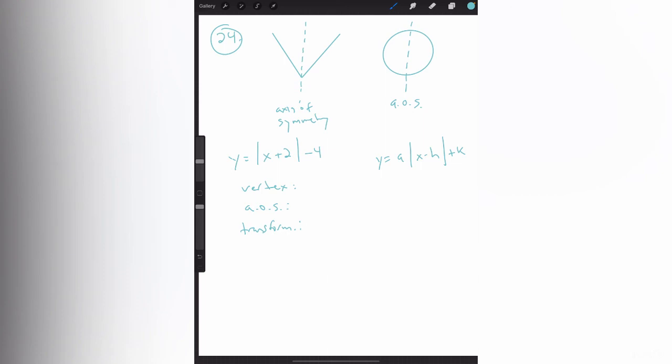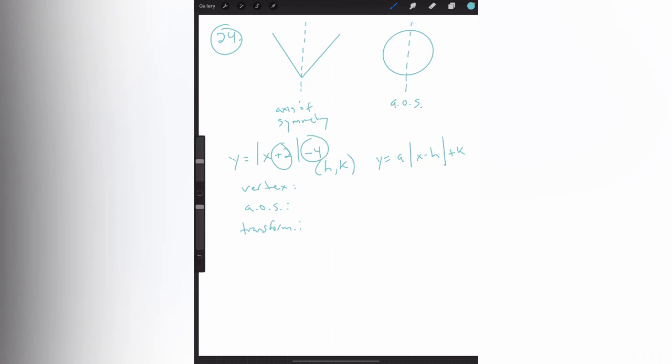If I'm looking at this, it looks a bit different from this, right? That's minus h, and that's plus 2. So a vertex will always be located at (h, k), which means that my vertex is going to be this.